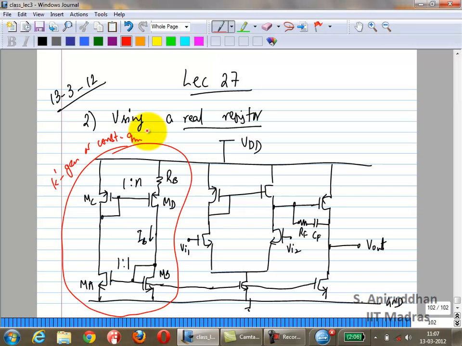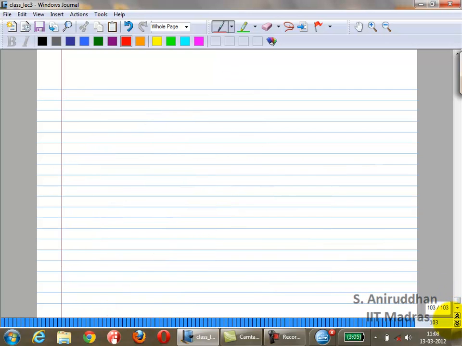So first of all, because of this mirror, the current in the two branches has to be equal. You first assume that all four of them are in saturation, which is obviously a good starting assumption. Because you have a mirror here, both branch currents are IB. In that case, you can write an equation across MC, MD, gates and sources.